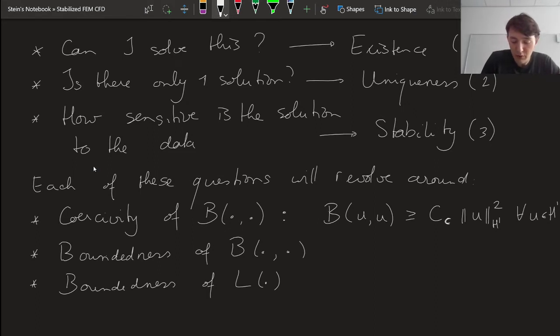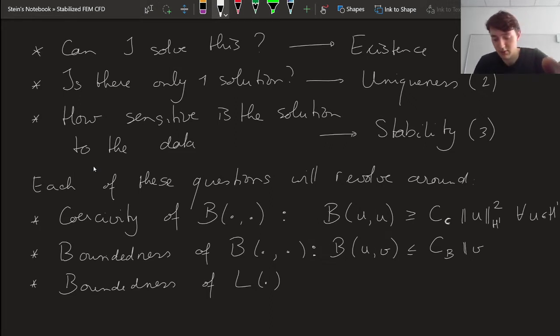Now we have boundedness, which is almost the opposite. If we substitute two different functions, u and v, then whatever value pops out will be smaller than or equal to C_B times the norm of u, measured in the H1 sense, times the norm of v, also measured in the H1 sense.